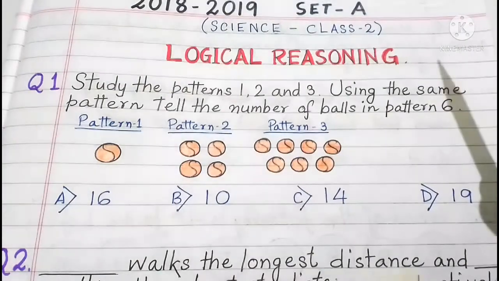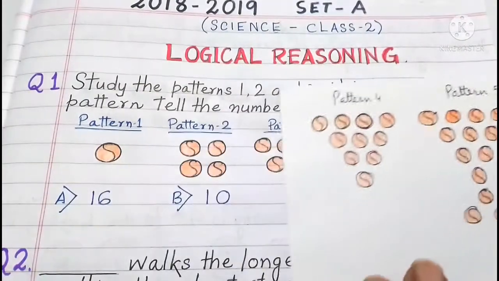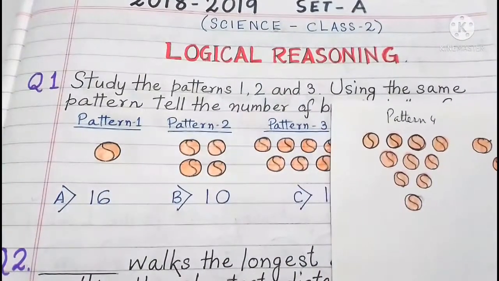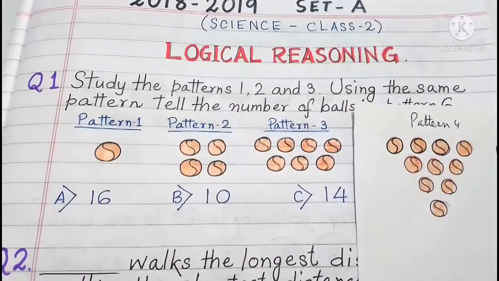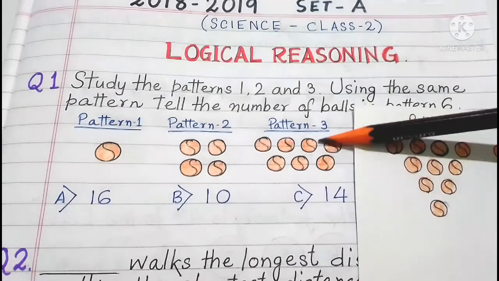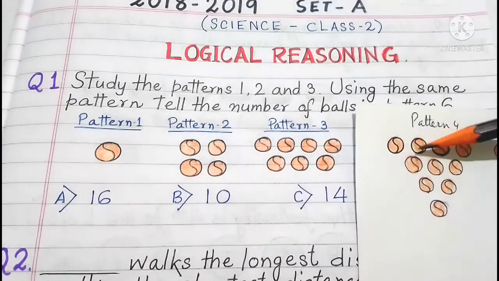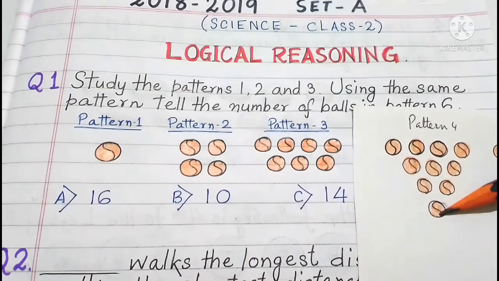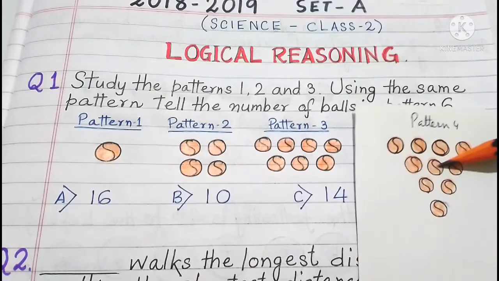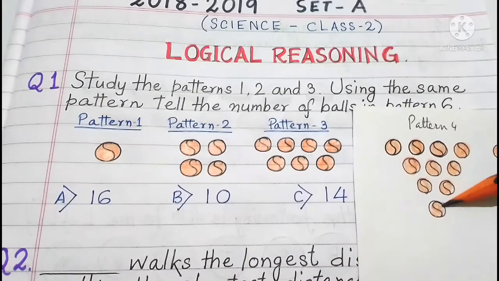I have drawn some figures over here. For example, if this is pattern number 3, we can see here pattern number 4. Pattern number 4 will have 3 more balls, so pattern number 4 has got 1, 2, 3, 4, 5, 6, 7, 8, 9, 10 balls.